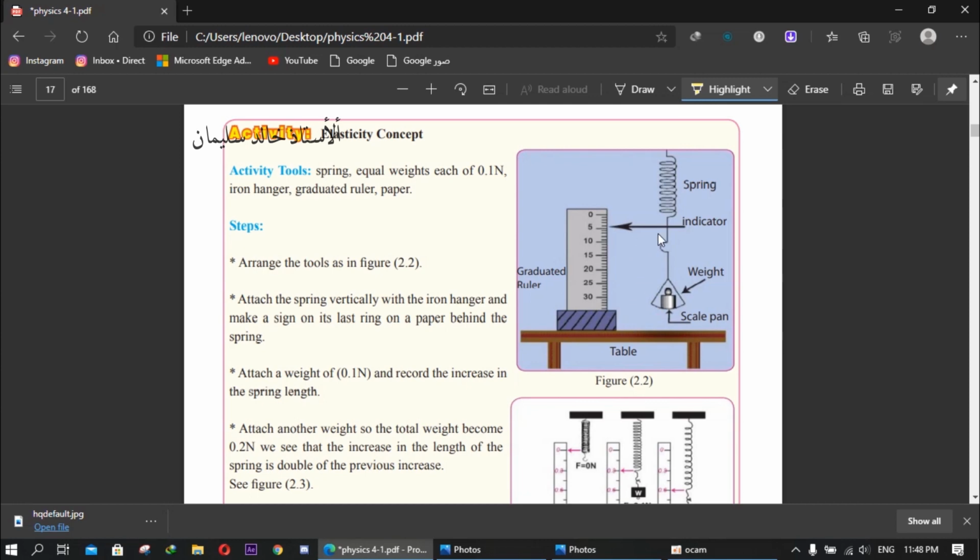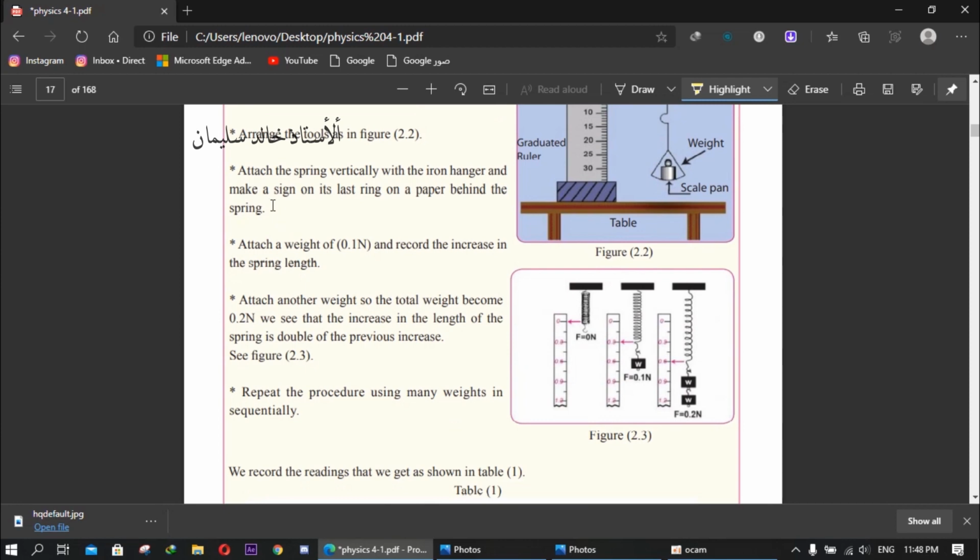We have a spring, an indicator, several weights, and a ruler. Next step, attach the spring vertically to the iron hanger and make a sign on the last ring on the paper behind the spring.